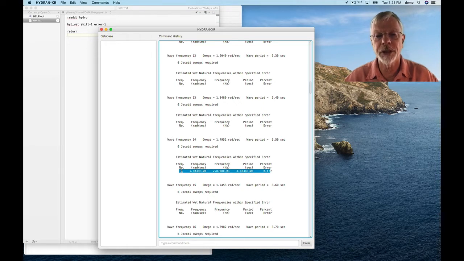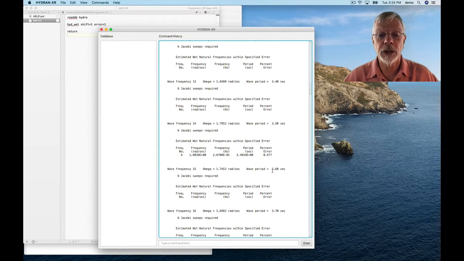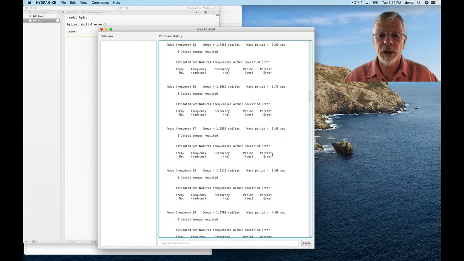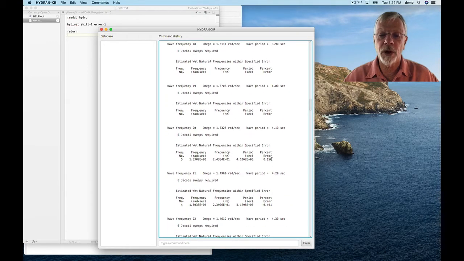It's not related to the wet natural frequency number. So 0.477, again, that's pretty small, so it's a good reasonable assumption that this is a wet natural frequency as well.